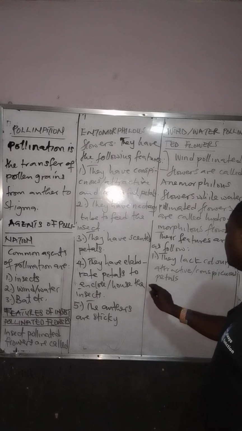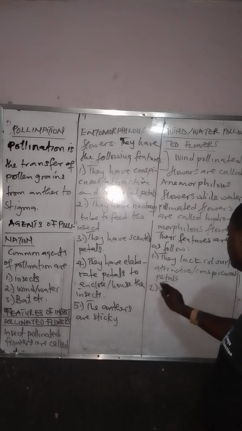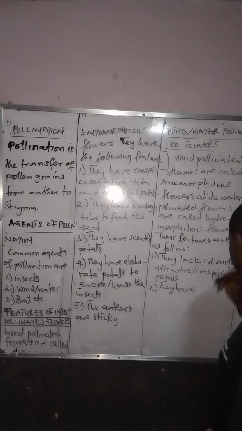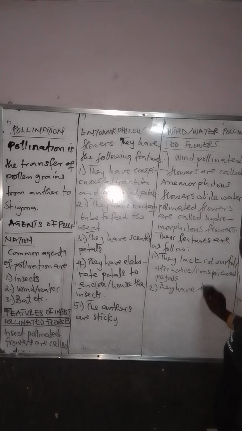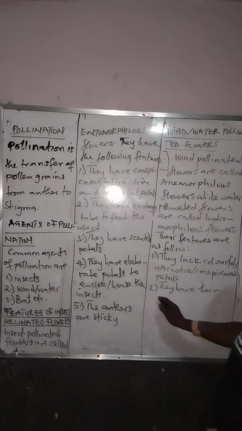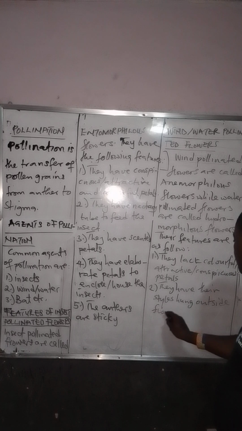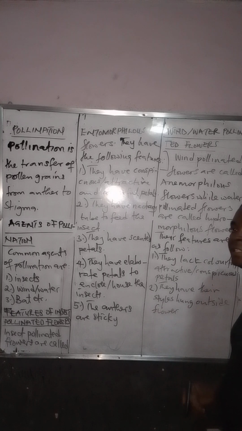So now, two, they have their styles hung outside the flower. So the styles are hung outside, so that if wind is blowing, the pollen grain that is coming can easily take it.